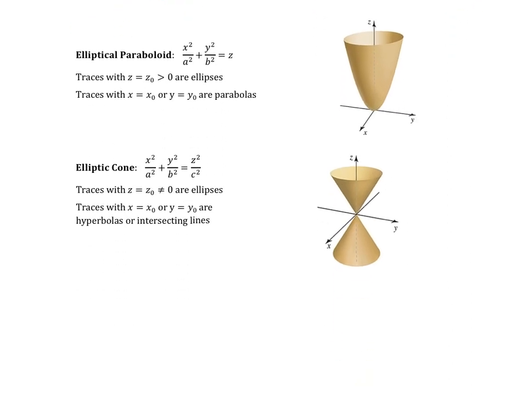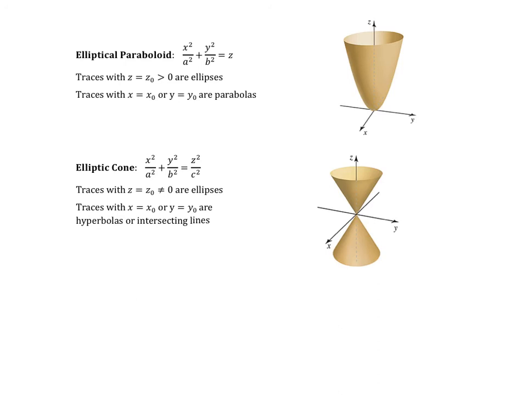The next common shape is an elliptical paraboloid because the traces are either ellipses or parabolas. This particular elliptical paraboloid has symmetry about the z-axis.